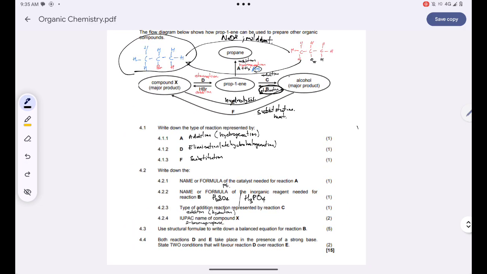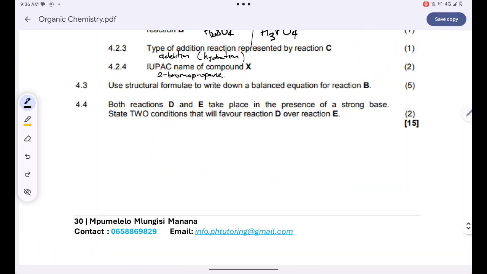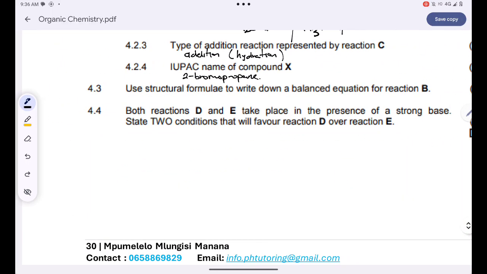For reaction B, I'm moving from my alcohol to form a propene. My alcohol was like this. Okay, let me write it down there. My alcohol was like this.